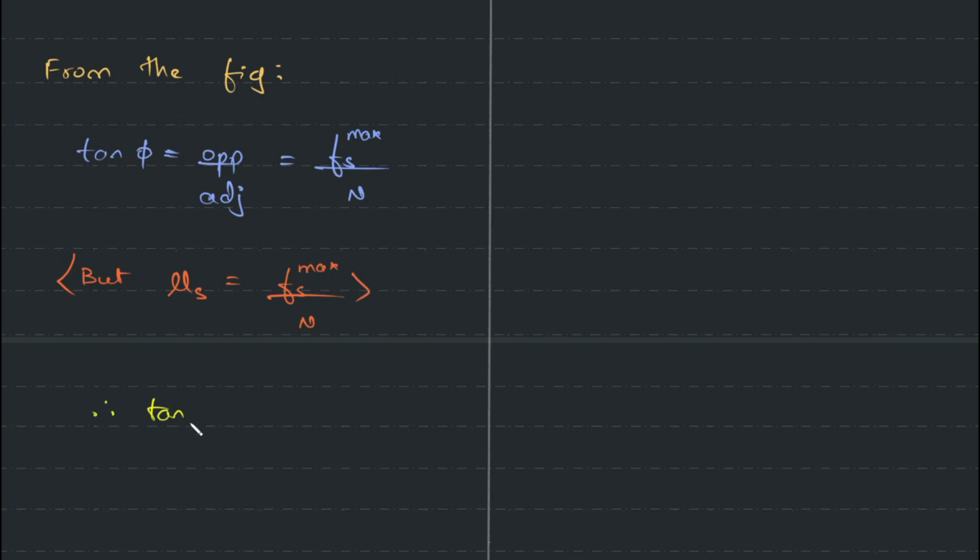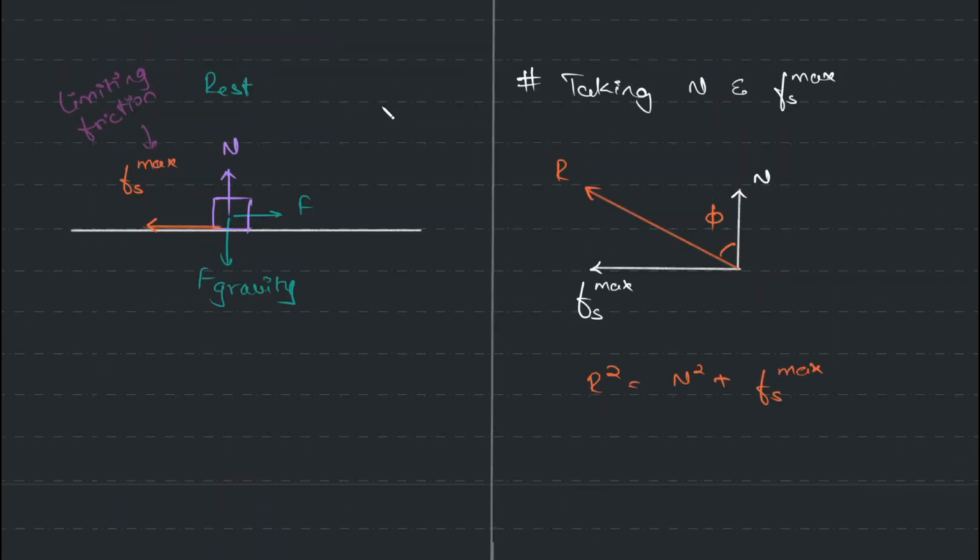Therefore, tan of phi helps us in understanding mu s. If you have to figure out mu s, this in turn helps us to understand friction between two surfaces. You can figure out the angle and come to that point.